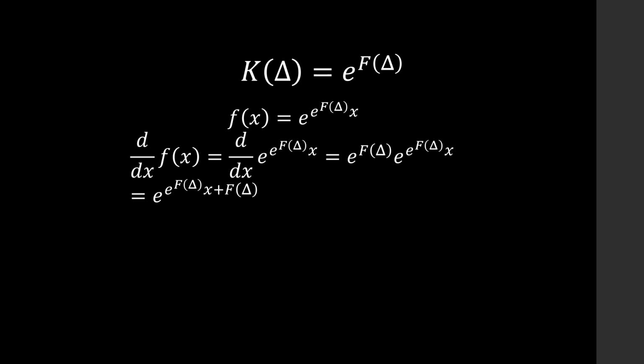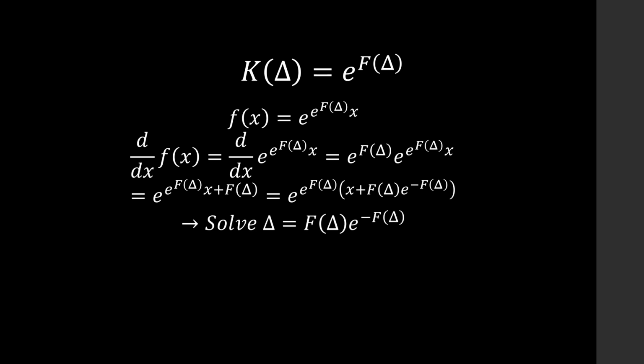Now, again, we want a value of x plus something to be multiplied by e to the F delta. So we just multiply by the inverse in order to bring it inside. Now we can have this value. We have x plus something here. All we have to do is solve for that something to be equal to the delta.